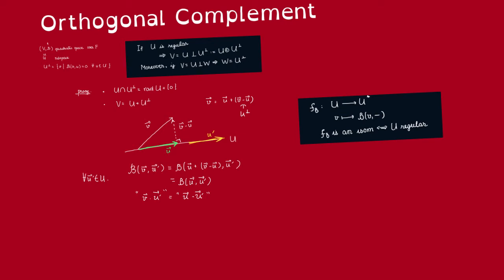Well, let's recharacterize what it means for u to be an orthogonal projection of v onto this big space U. Well, observe that for any u prime in U, taking the dot product of v with u prime is just equivalent to taking the dot product of u with u prime, because the other component dot with u prime is just going to be 0.